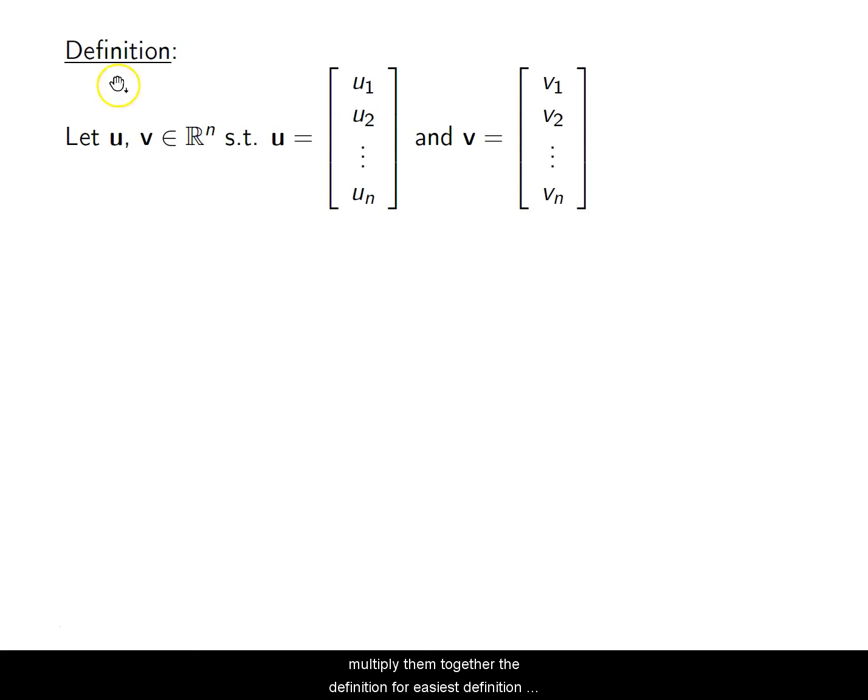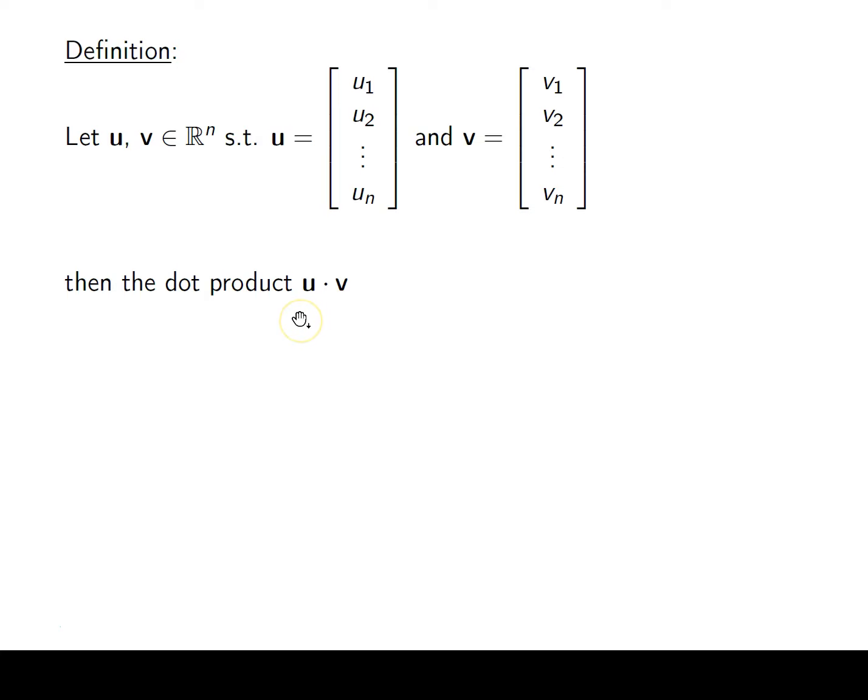The easiest way to multiply them together is the dot product, which is u dot v. We can simplify this into a vector formula as the transpose of u times v. So we take u and flip it on its side, and multiply that times v, because right now if I multiply u and v together, their dimensions don't match up, right?